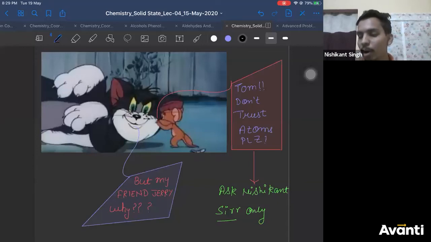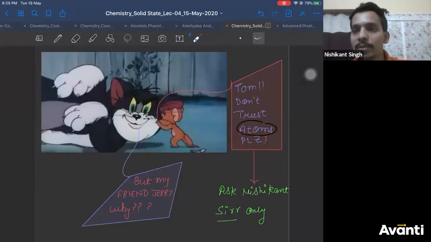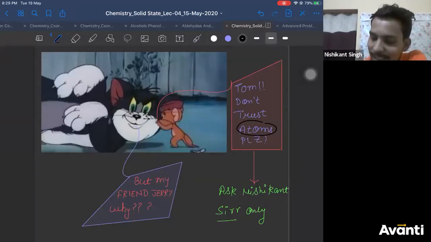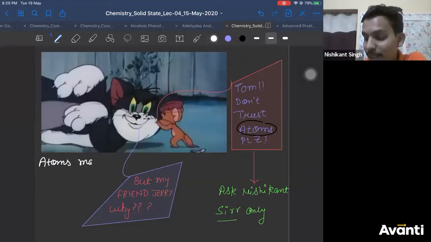So Jerry is saying, Tom, don't trust atoms. Tom says, but why, my friend Jerry? Why should I not trust atoms? The answer is because atoms make up everything.